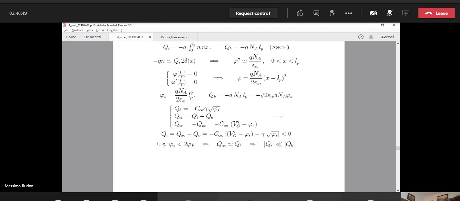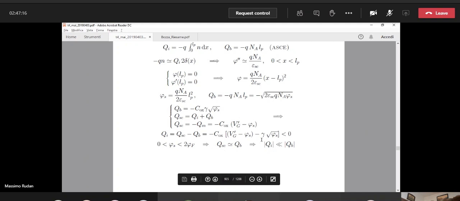So when phi s is in between 0 and 2 phi f, that is in the depletion or weak inversion condition, the difference between this first block in brackets, Vg prime minus phi s, and the other block, gamma square root of phi s, is negligible. These two quantities are almost equal.